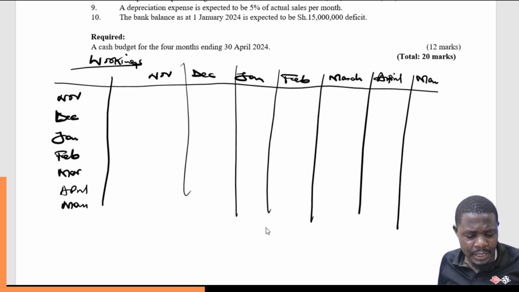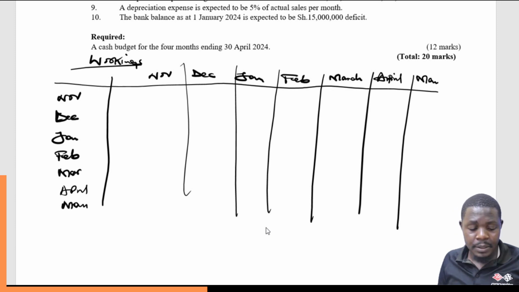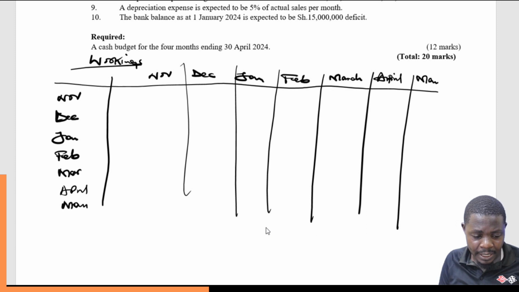Now we are told that 60% of sales are settled in cash. Now the sales, we just take the units produced in November, that was 800.